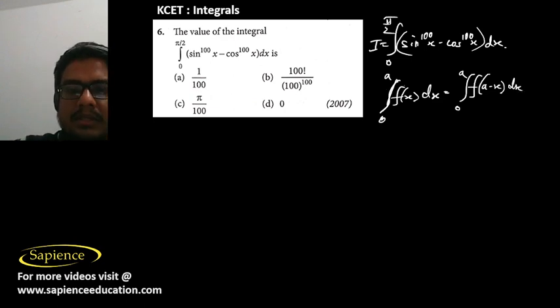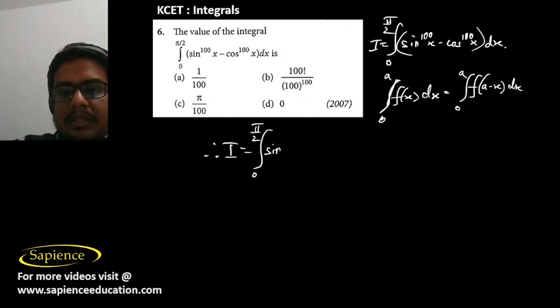So if we apply this rule in this integral, then the integral can also be written as 0 to pi by 2 of sin power 100 of pi by 2 minus x minus cos of pi by 2 minus x power 100 into dx.